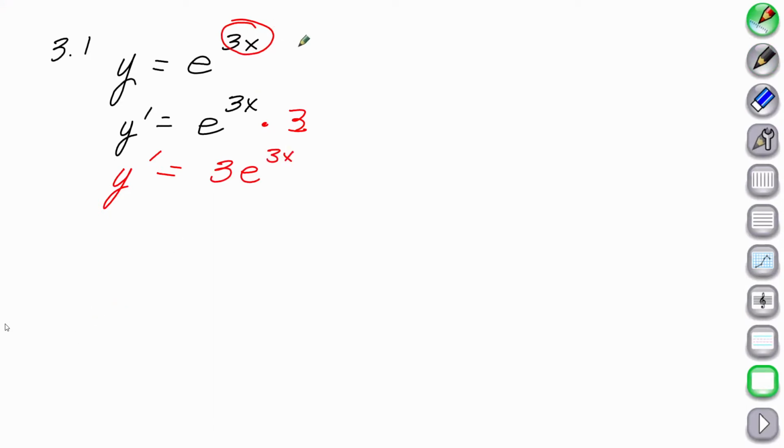So if this was 2x, you could kind of figure this would be a 2, and figure out what it's going to be.